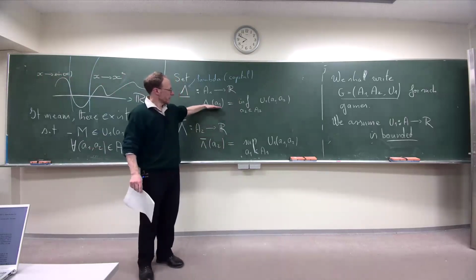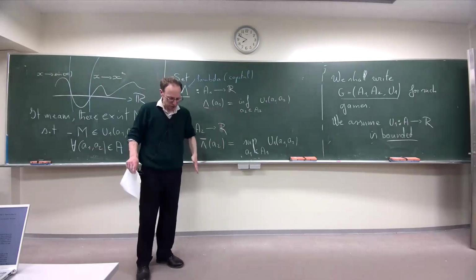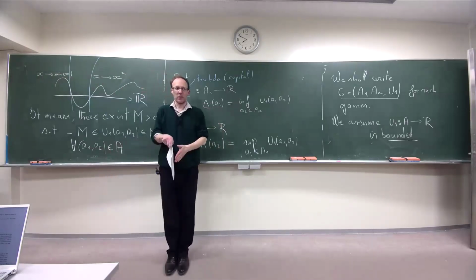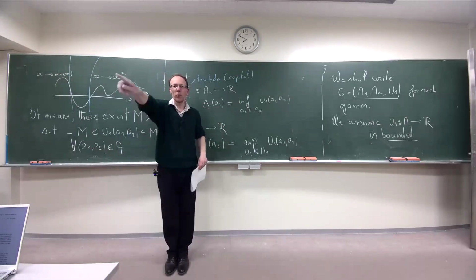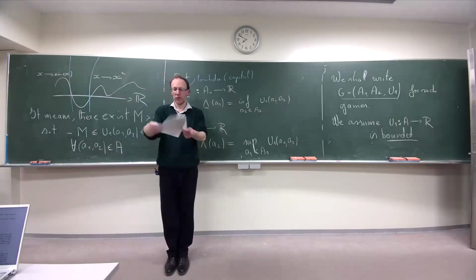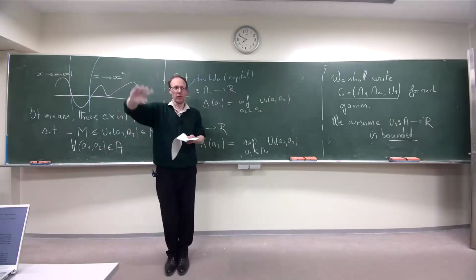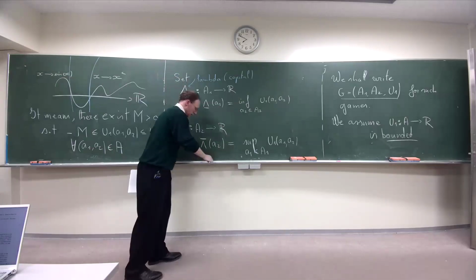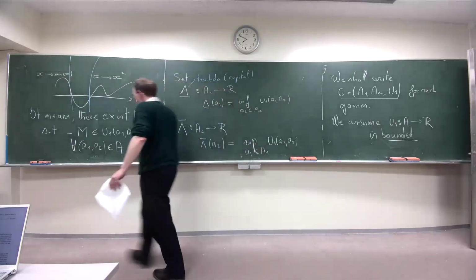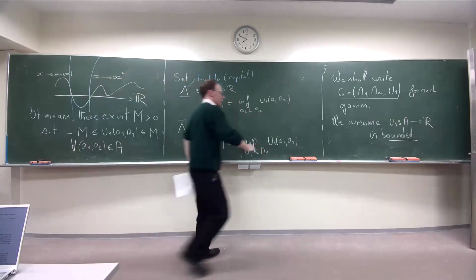You fix x1. So you fix a1, so it means in one coordinate, you fix it. And you look at all possible x2. You have your function. You look in this direction, x2, and you take the minimum value, the infimum value. So it's difficult to make a picture in 3 dimensions, but I will try.